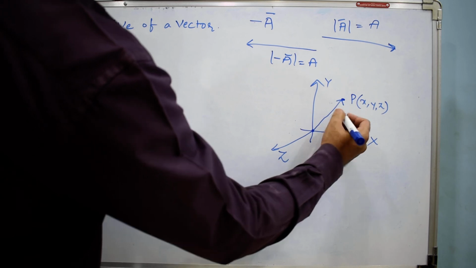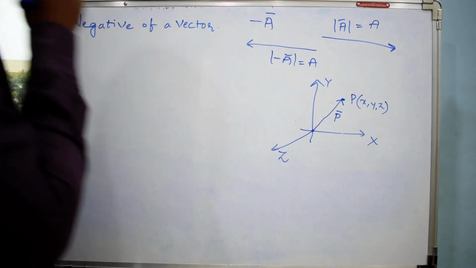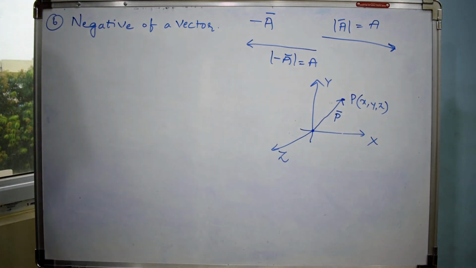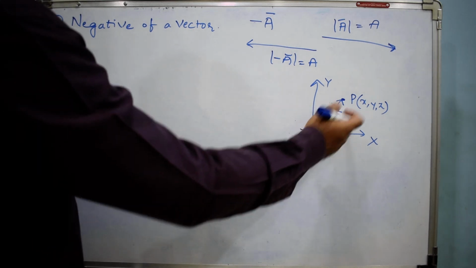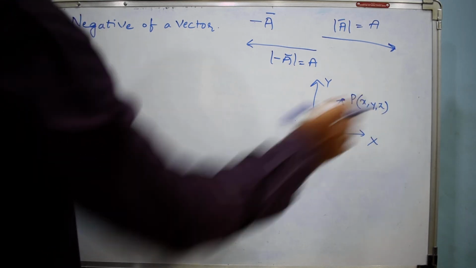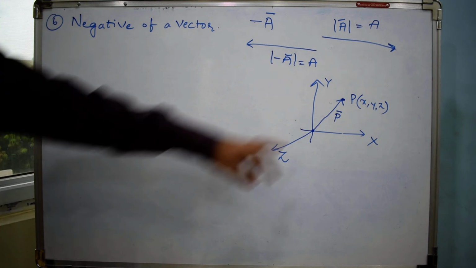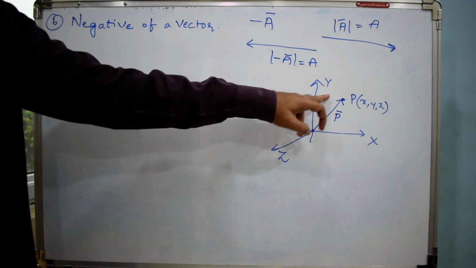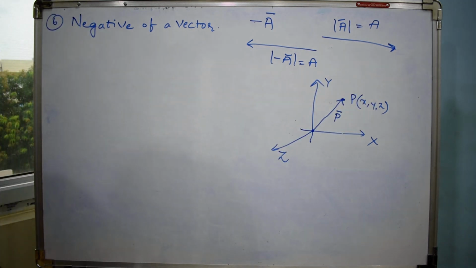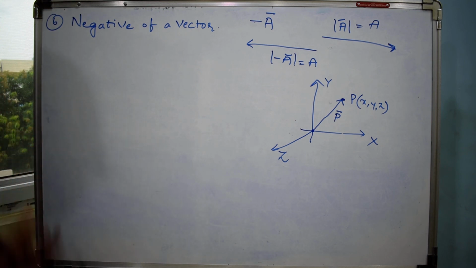Let's call this P bar. You can represent it with whatever you want. I'm just calling it P bar because we have taken this point to be P. Now the P bar, with its tail at the origin and its head at that point x comma y comma z, represents the position vector of that point P.